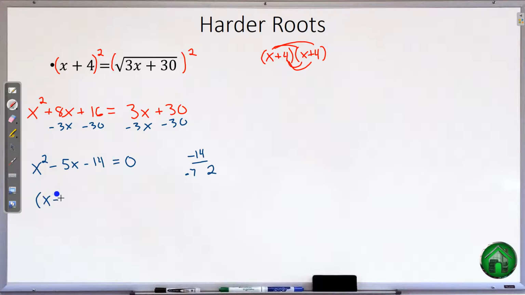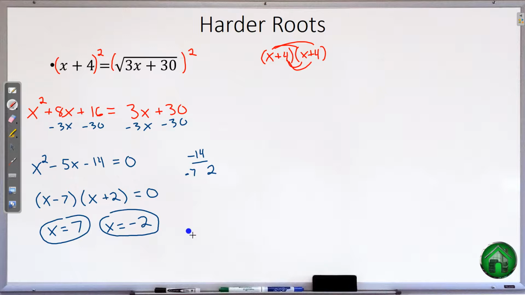So x minus 7 and x plus 2 equals 0. So our answers are 7 and negative 2. There we have it. So those are our two solutions to this equation.